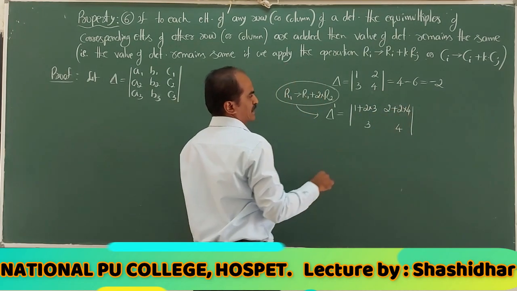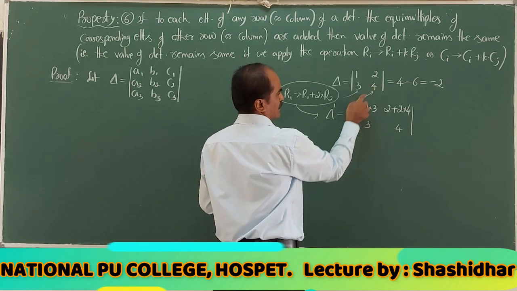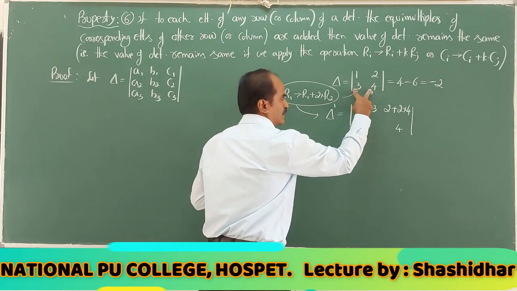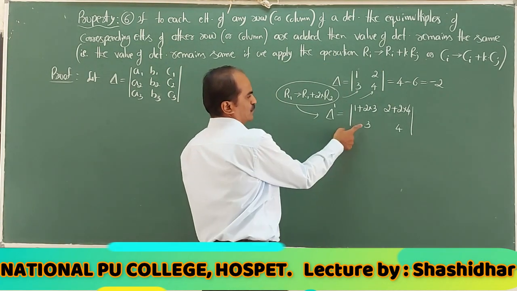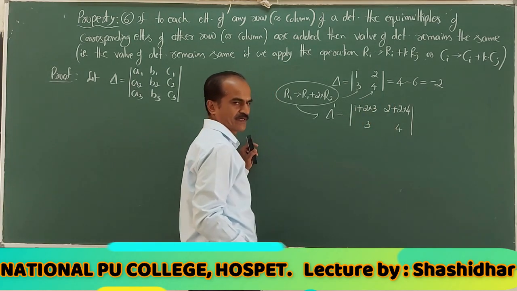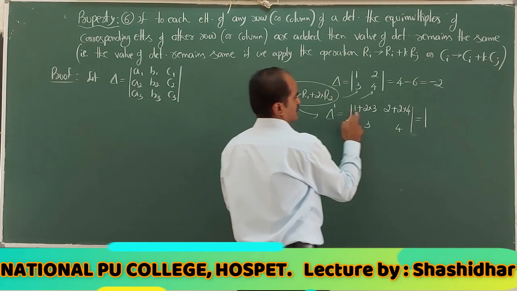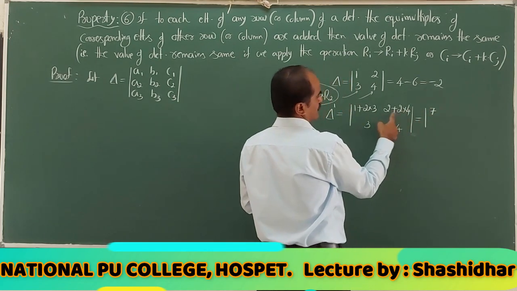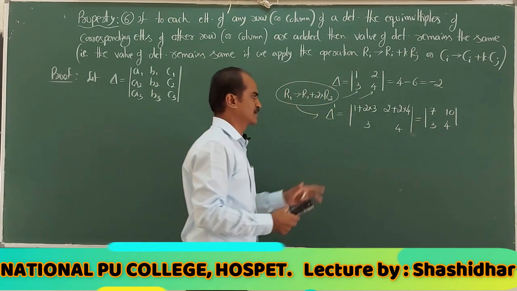That is, we multiplied the second row elements by 2, and that product is added to the first row elements. 2 times 3 plus 1, 2 times 4 plus 2. This is what I did. Nothing but you are going to get the determinant 6 plus 1, 7, 8 plus 2, 10, 3, 4. This is delta dash.